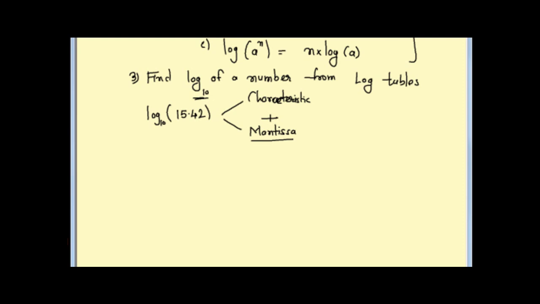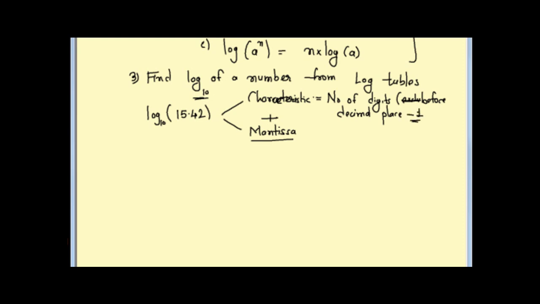Both of these are easy. The first part, the characteristic, you can find without using any log table. Characteristic is given by number of digits before decimal place minus 1.